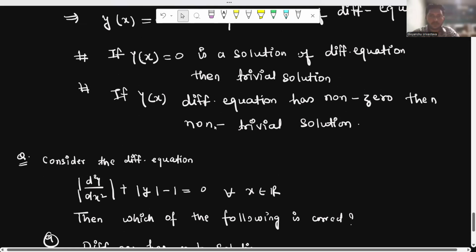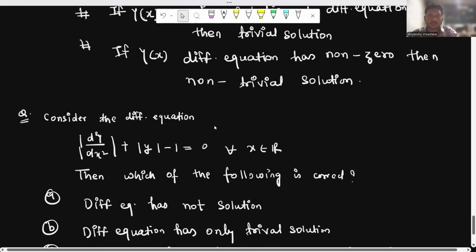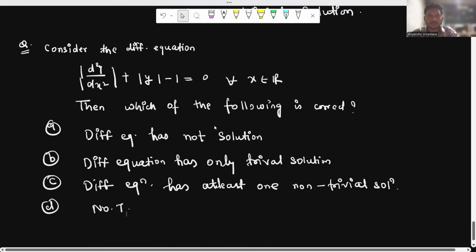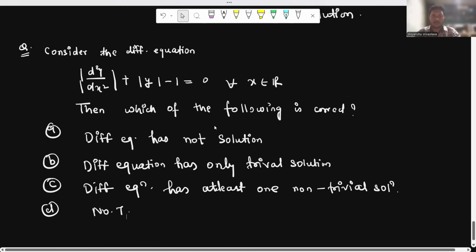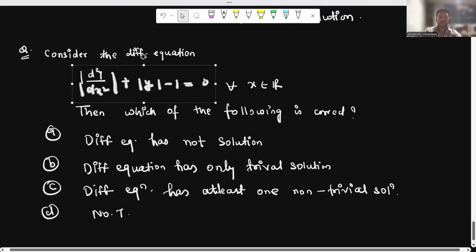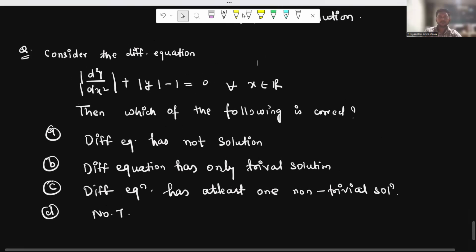So here is a question given. Now move on to the solution part. Okay, take a screenshot and first you try, then I will move on to the solution part.